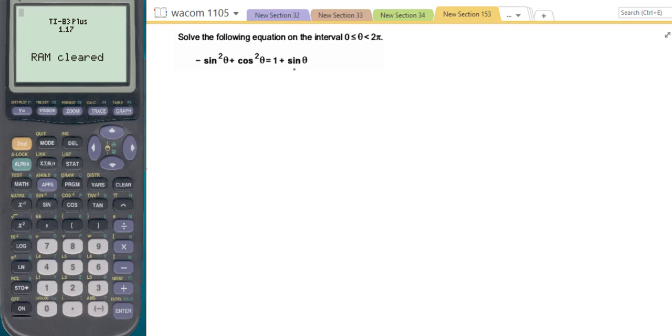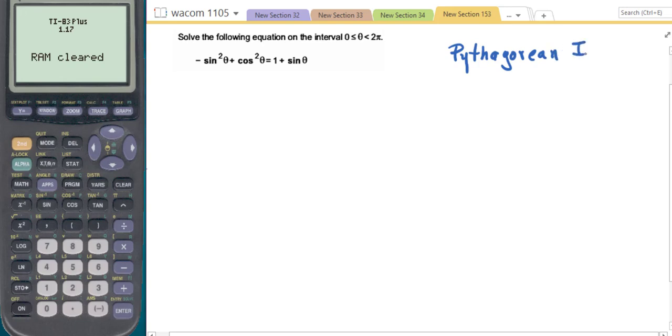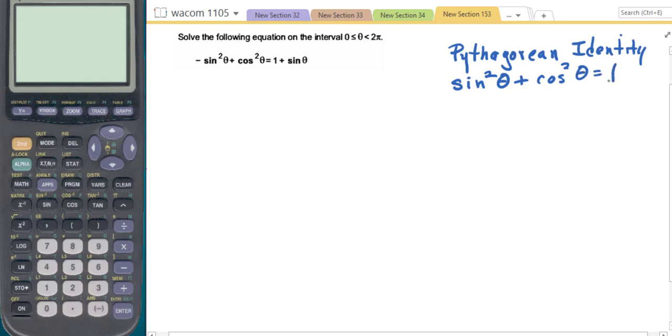We're going to use the Pythagorean identity, which was mentioned earlier, but we never did anything with it. So the Pythagorean identity says sine squared theta plus cosine squared theta equals 1.